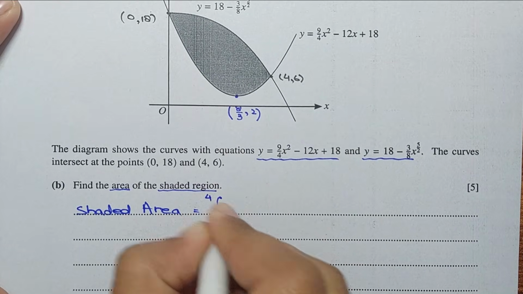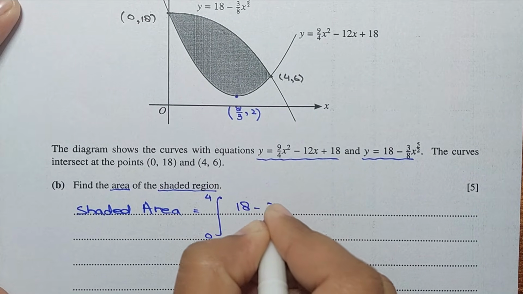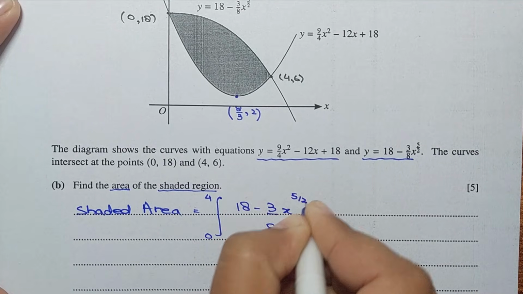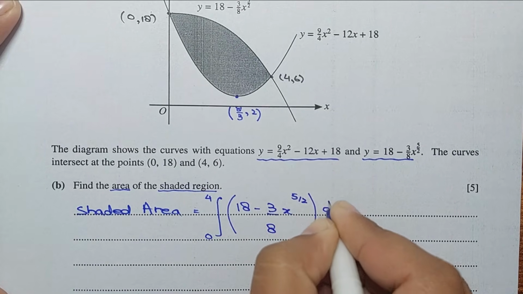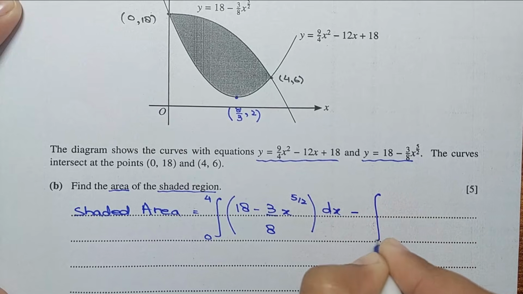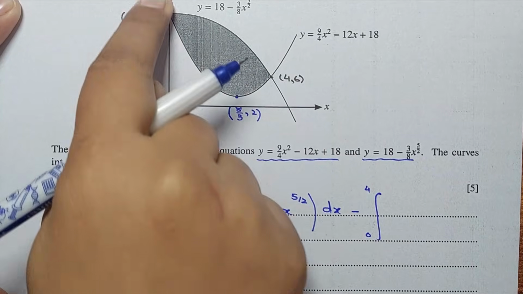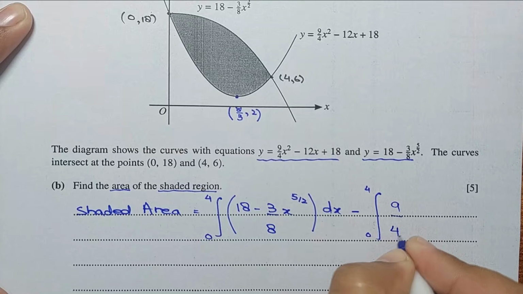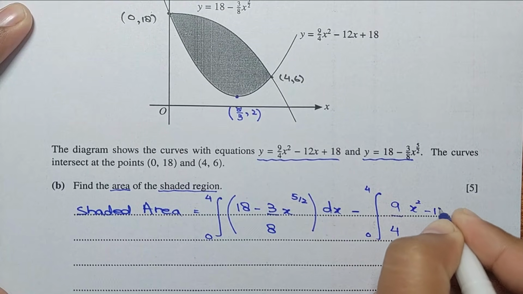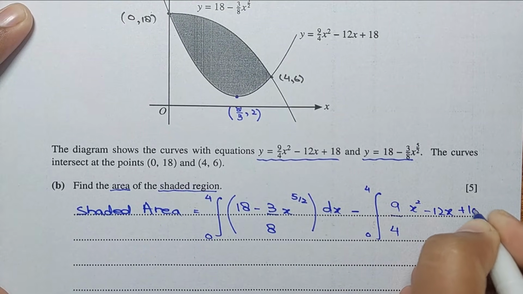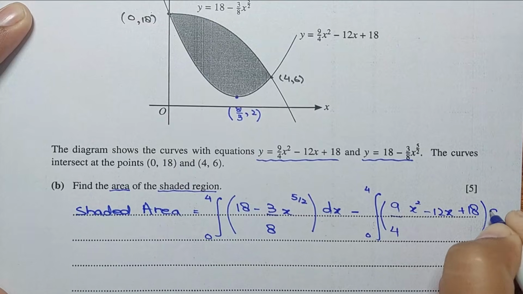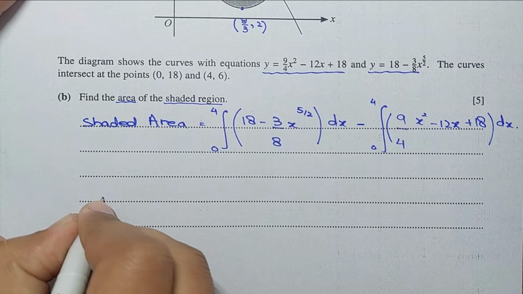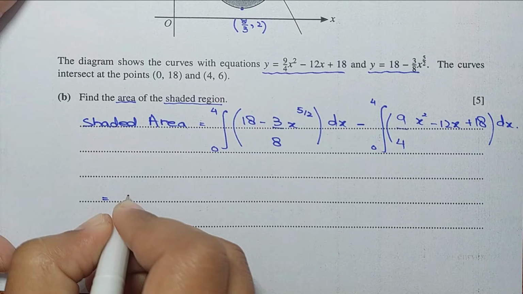So from 0 to 4 of the top curve, which is 18 minus 3 over 8 x to the power 5 over 2, dx. Subtract the integration of the bottom curve from 0 to 4, 9 over 4 x squared minus 12x plus 18, dx.